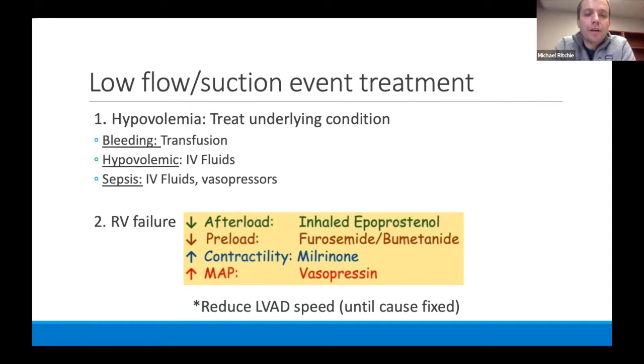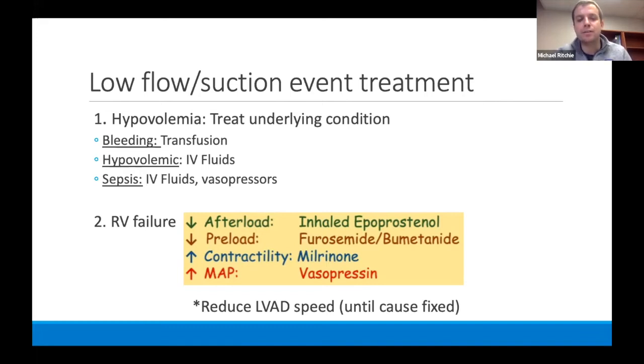The treatment for both, whether it's hypovolemia or RV failure, is to temporarily reduce the LVAD speed, so you don't have suction. If you're having suction events, reduce the LVAD speed just low enough to stop them, because suction events are what cause the arrhythmias, the severe hypotension, and the complications.